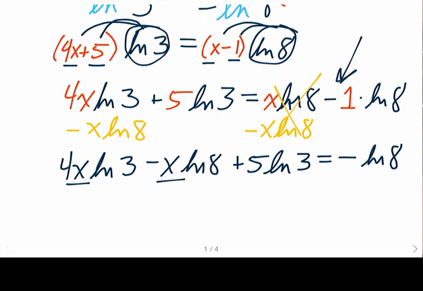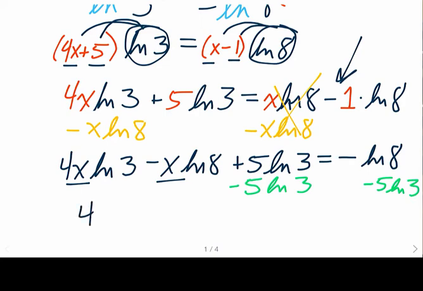Now what I want to do is get everything that's not an x and put it on the other side. And what that means for me is I'm going to subtract 5 times the natural log of 3 from both sides. Again, recognizing that I don't have like terms.